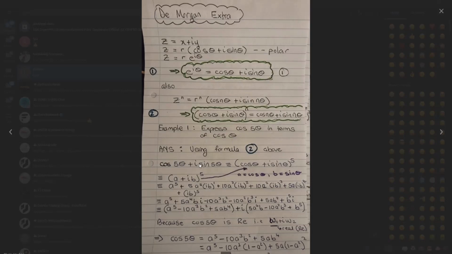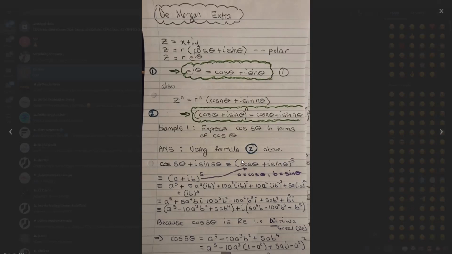It's always going to come with plus i sin 5 theta. This is equivalent to cos theta plus i sin theta, all raised to the 5th power. It's De Moivre's theorem. I wrote De Morgan here by mistake. I don't know how to pronounce it, but you always use this formula.